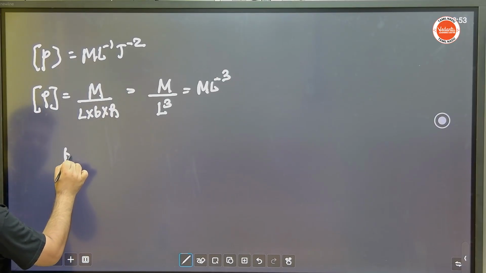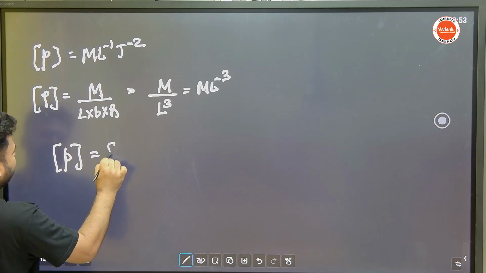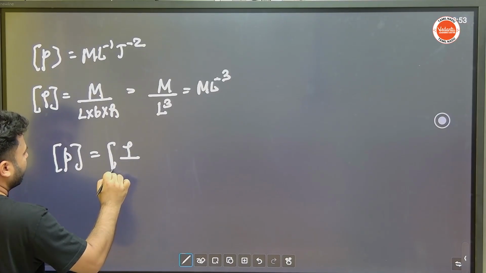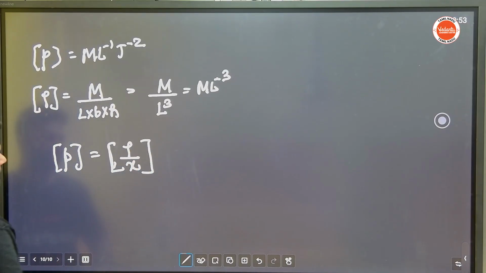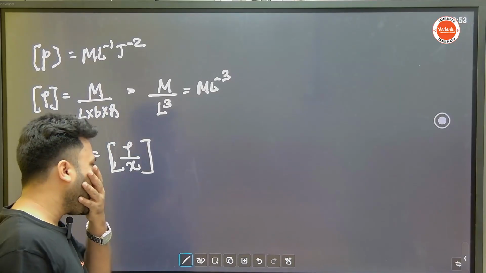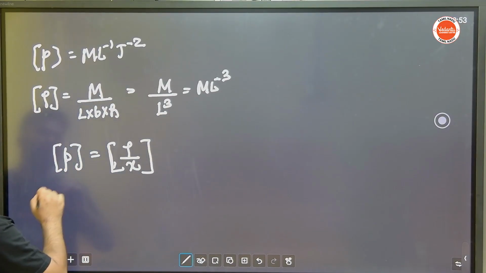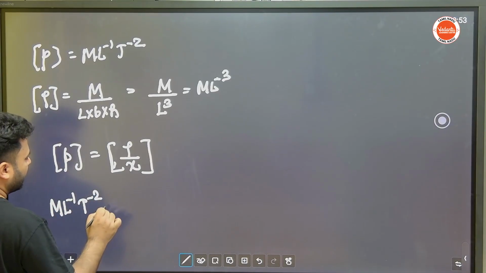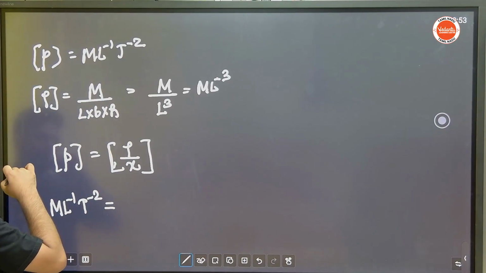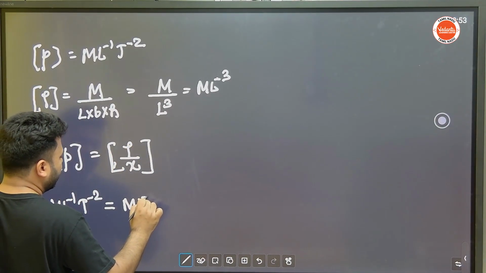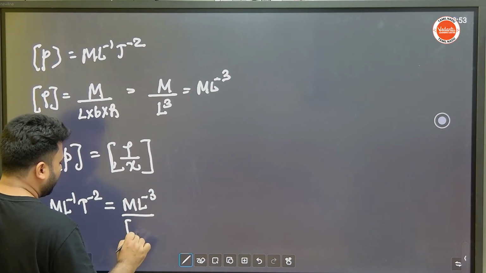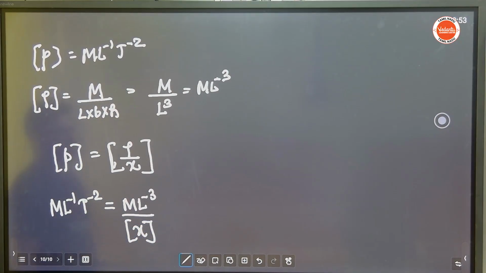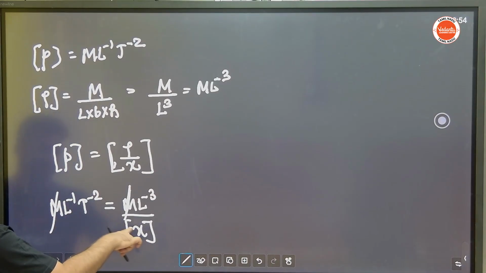Now we know that the dimension of pressure will be equal to the dimension of density divided by X. Correct? So we can write it like this. The dimension of pressure was M L minus 1 T minus 2. The dimension of density is M L minus 3 divided by the dimension of X. M cancelled. So the dimension of X, I will shift this side.